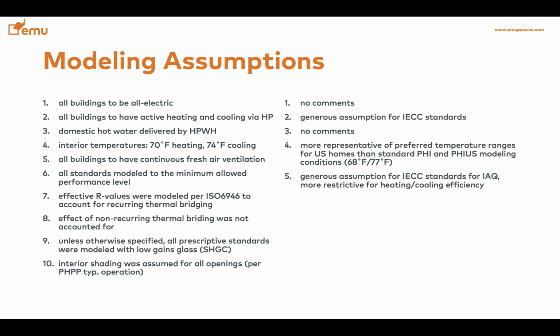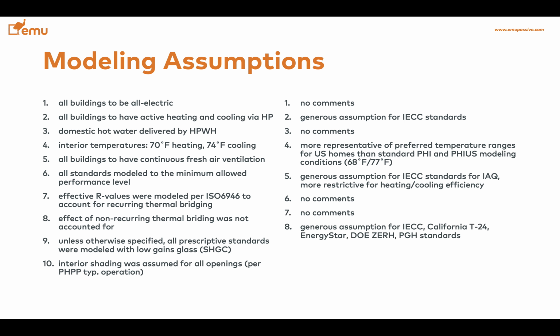So if you have a code minimum building that complies with the IECC and has continuous fresh air ventilation, how does that compare to Passive House, for example? Then number 6, we use the minimum set of parameters for that standard. No comments there. No comments on number 7.